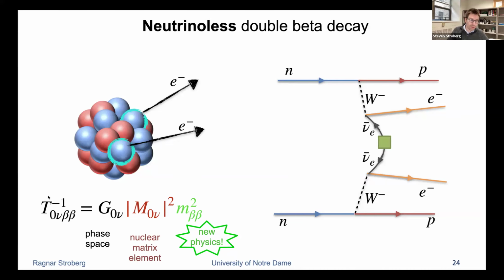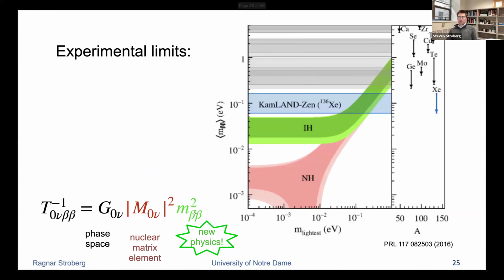So if we can measure this decay rate, and if we know that nuclear matrix element, this gives us a handle on the absolute mass scale of the neutrino, which is cool. So far, people have been looking for this and haven't seen it, but you can place limits. And so this is not necessarily the most recent limits, but I think it's a nice plot of it.